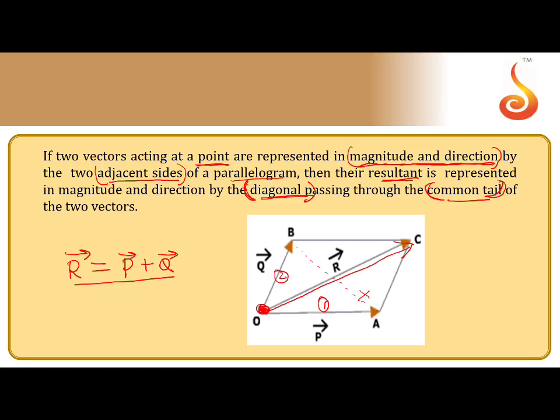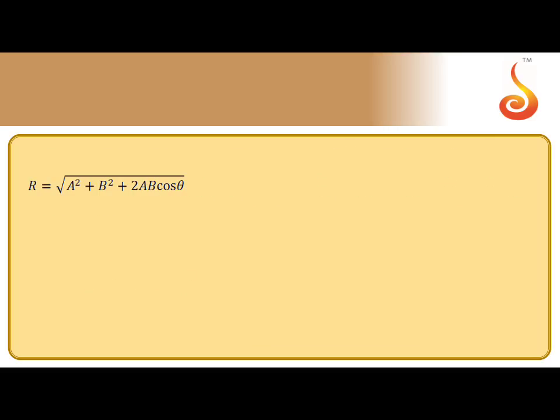R vector equals P vector plus Q vector. Again, if P is 5 and Q is 4, R is not always 5 plus 4. While adding here, you need to take the direction into account. Then how do we do the addition? Let me consider two vectors, vector A and vector B.